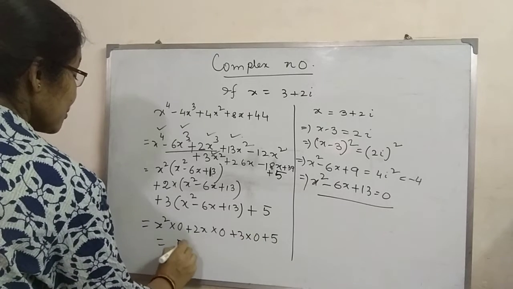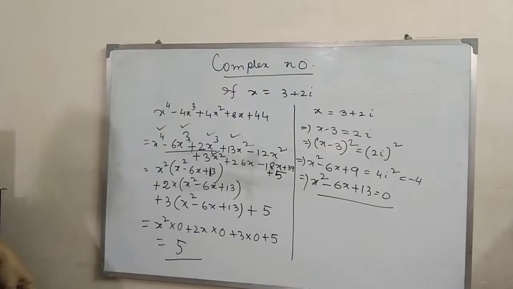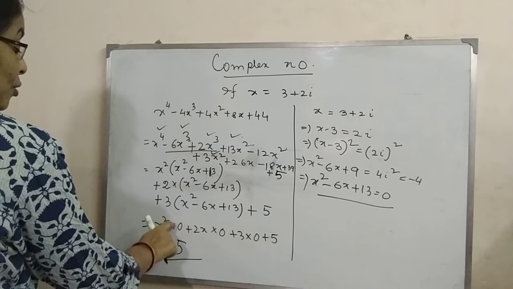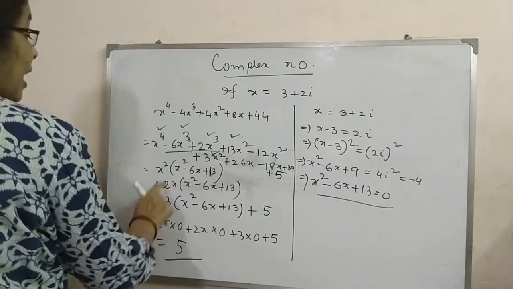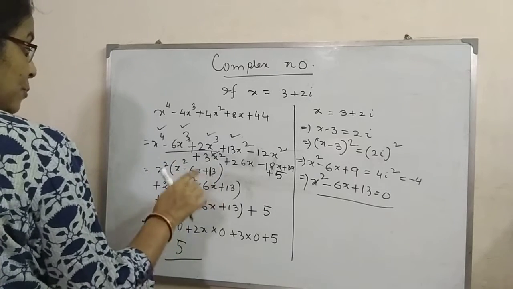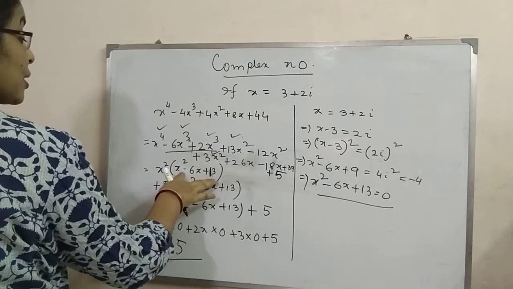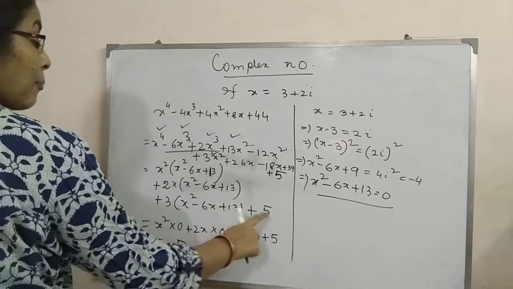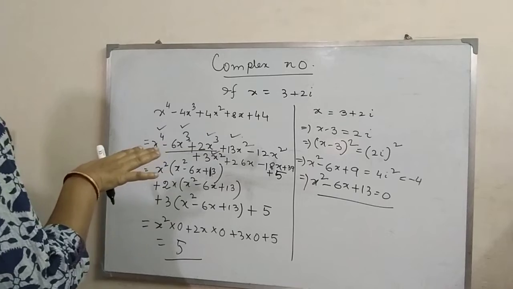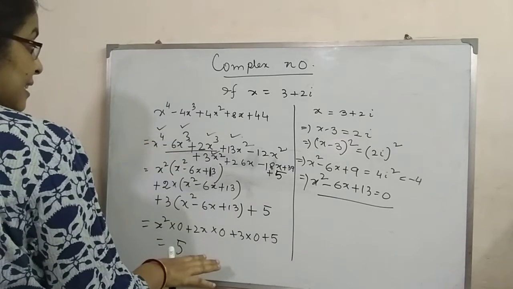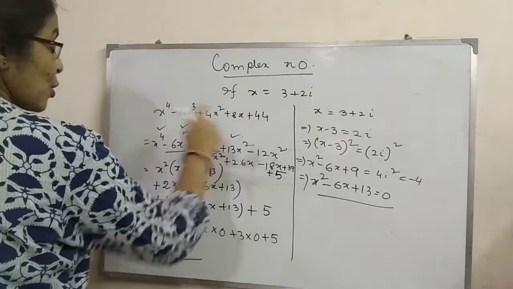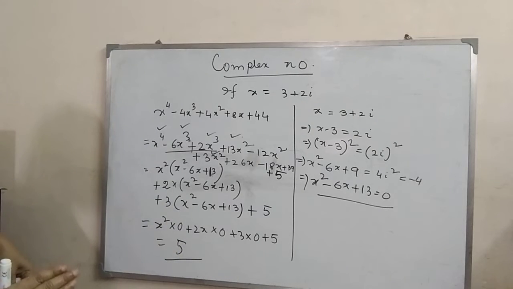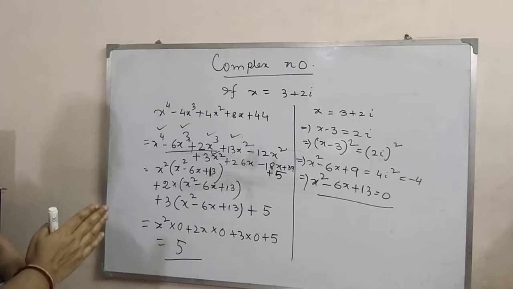So I will get only 5. For this reason I will write this expression in this way: x square into this, 2x into this, 3 into this plus 5. I am adjusting to solve the expression easily. You can follow it properly.